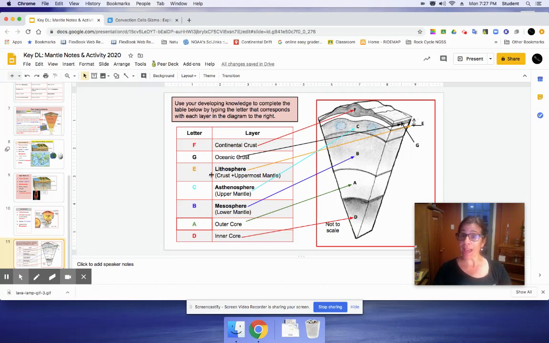Above that section, kids, I'm going to have you focus, and I used this gold arrow, pointing to this letter E. E actually represents two parts of planet Earth, the crust and the uppermost mantle, this first little white layer of the mantle.